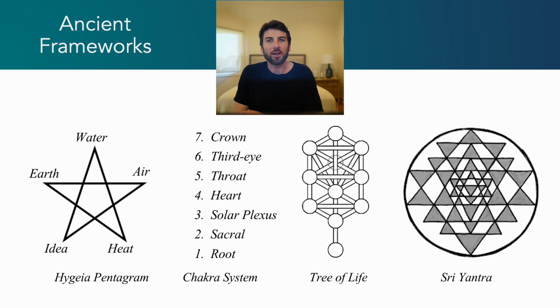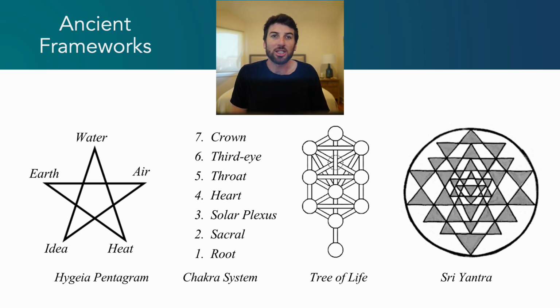So there are a lot of ancient frameworks used by different cultures in different eras. These were largely from a pre-scientific lens, but were used by natural philosophers to understand patterns in nature and also the patterns of oneself.